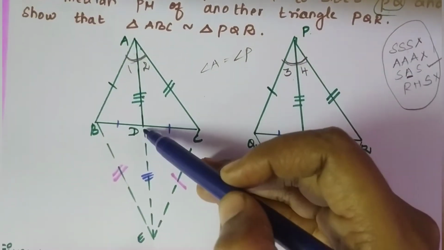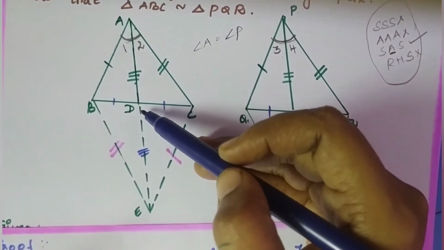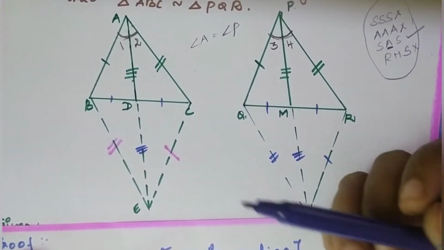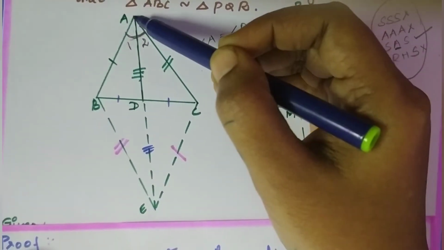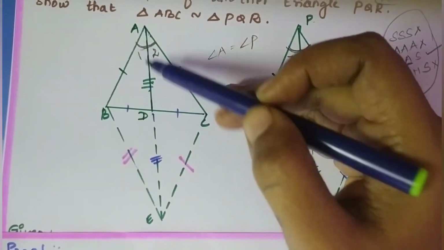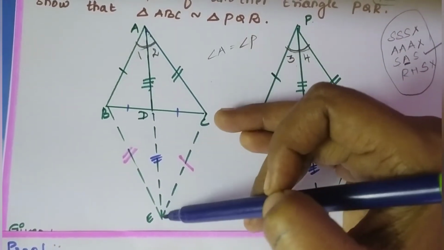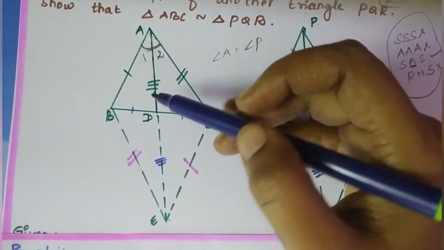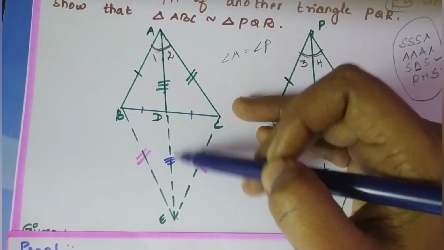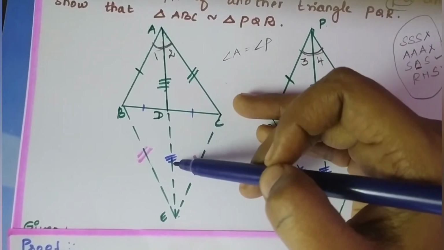AD I am going to change into AE. Instead of AD, I'm going to change into AE. How can we change? I said that these two sides are equal.